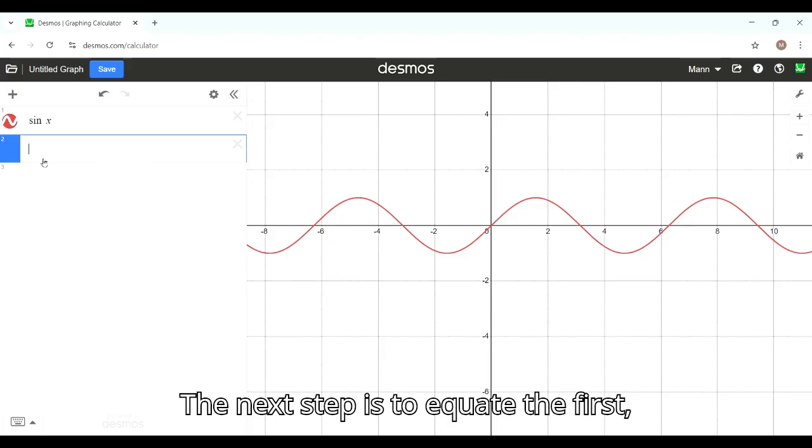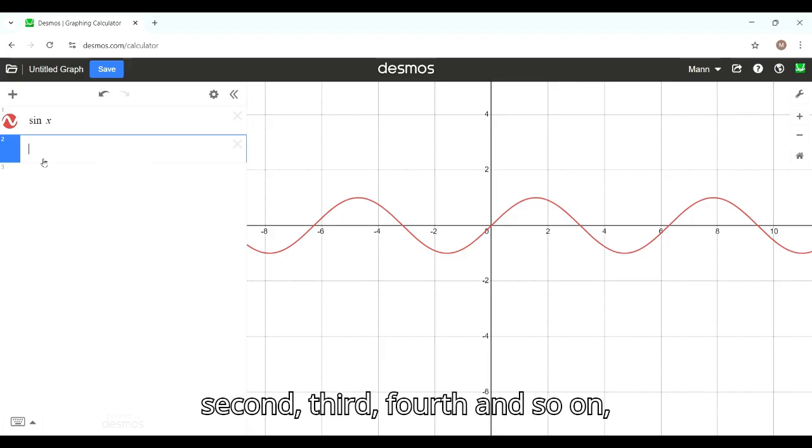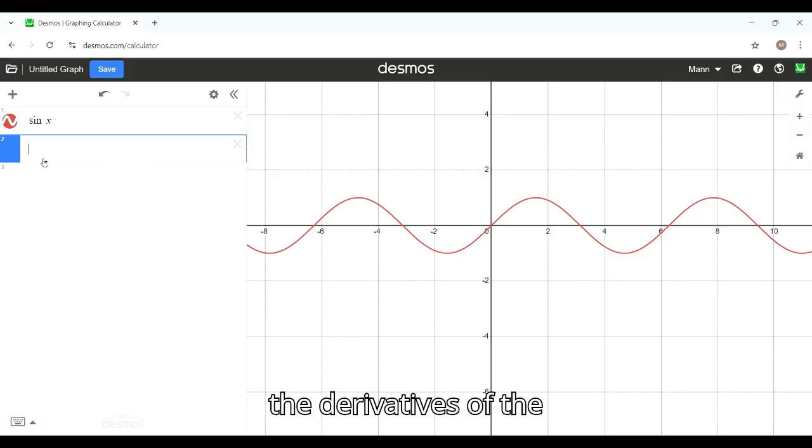The next step is to equate the first, second, third, fourth and so on, the derivatives of the function and the new polynomial. Now, the first derivative of sin x is the cosine of x, and the cosine of x at x equals 0, which is this point, is cos 0 or 1.